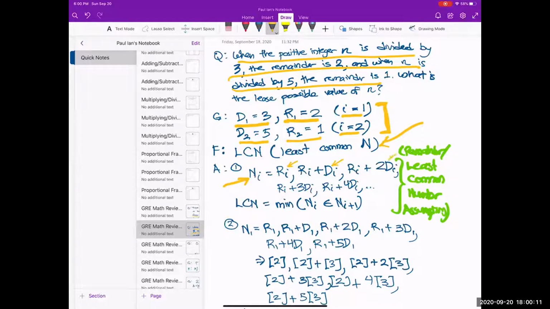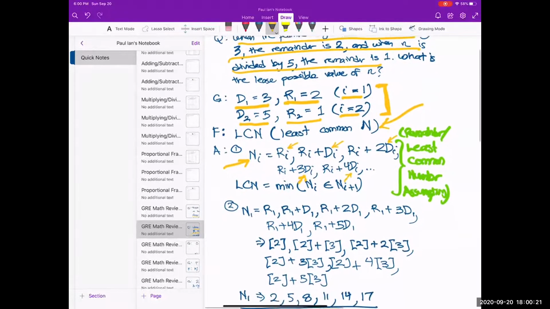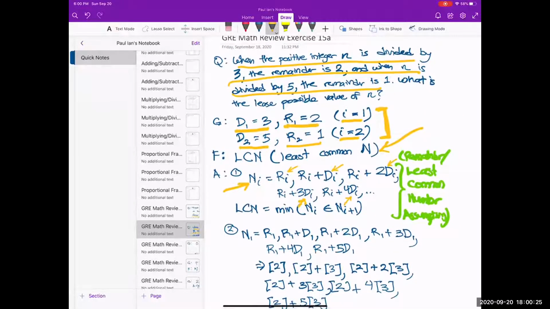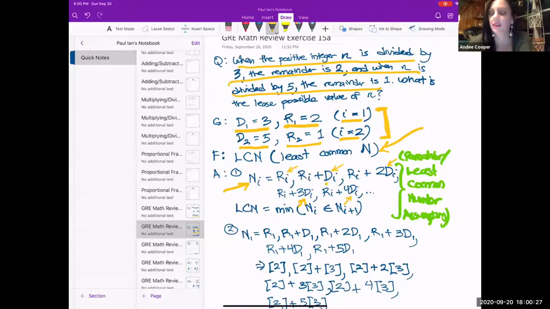This is probably a challenging question every time you see it. It's one of those abstract algebra things where if you have a remainder, you can add. Here's the thing.